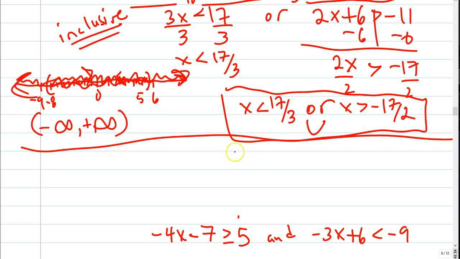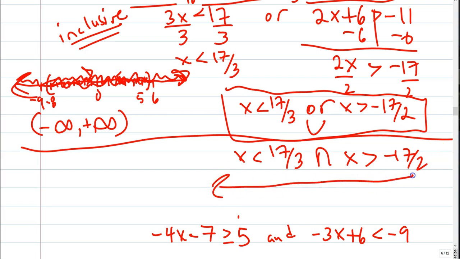If we had ended up with x is less than 17/3 and x is greater than negative 17/2, we would have the same picture, but this time we would only keep the middle. And why is that?